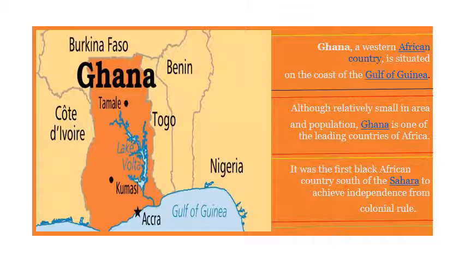Although relatively small in area and population, Ghana is one of the leading countries of Africa. Ghana is also known as it was the first black African country south of the Sahara to achieve independence from colonial rule.